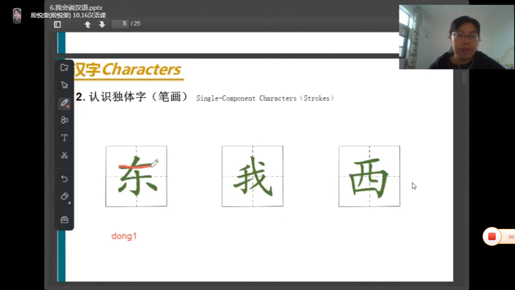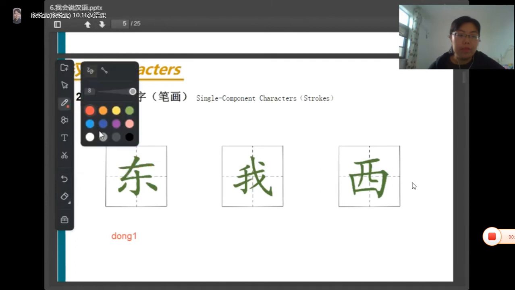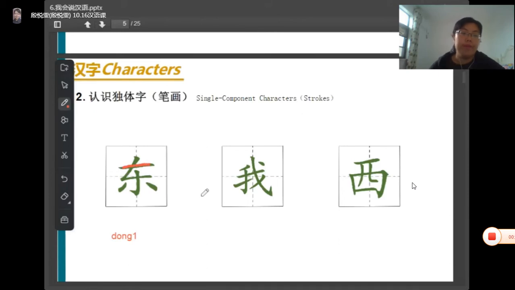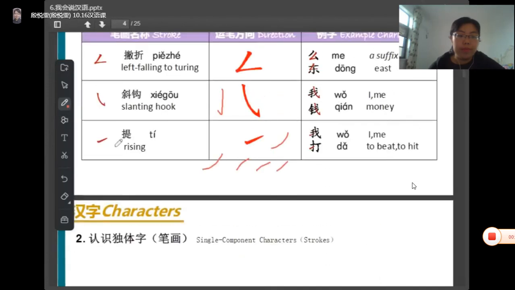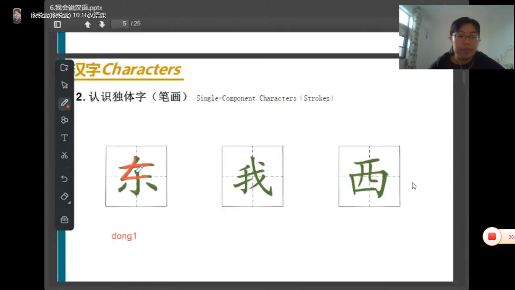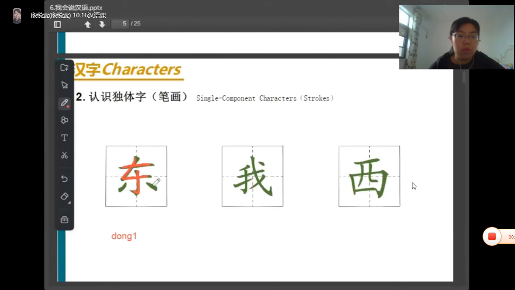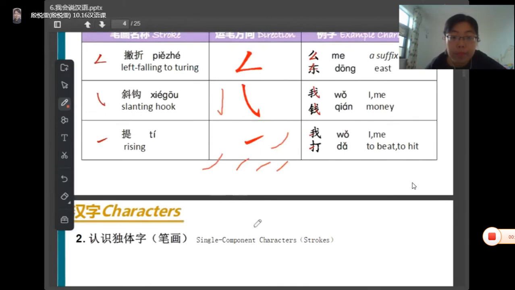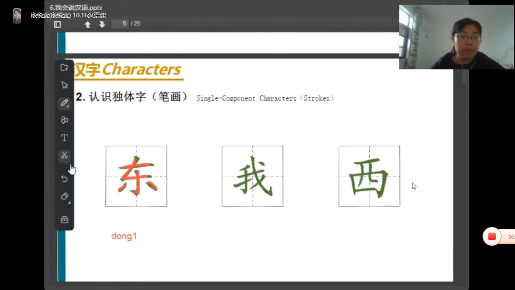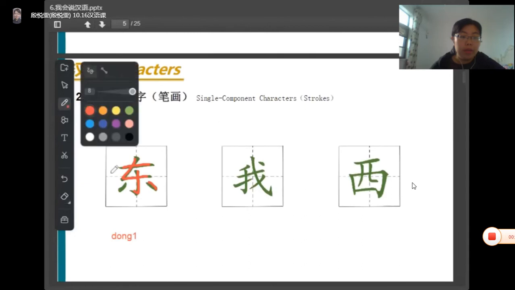First 横, and then the new stroke 撇折, 竖钩, and 点.